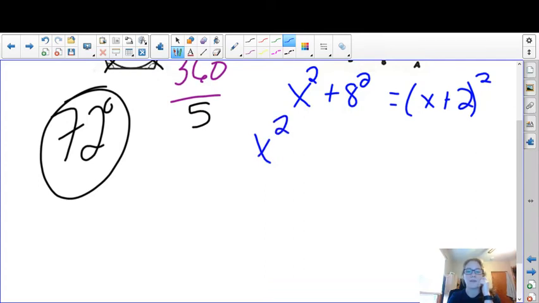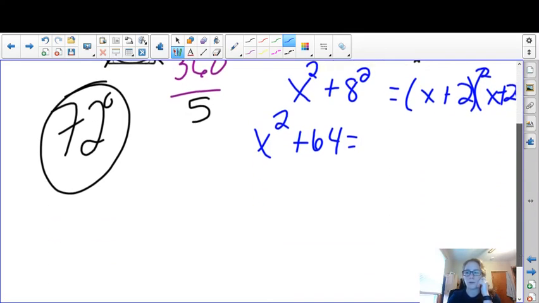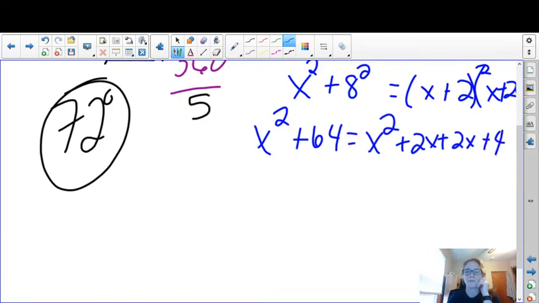So I have x squared plus 64 is equal to, well, I know that needs to be a second one there. Oop. Just trying to close my parenthesis and it moved my thing. X times x is x squared. X times 2 is 2x plus 2 more x plus 4. So I have x squared plus 64 equals x squared plus 4x plus 4.